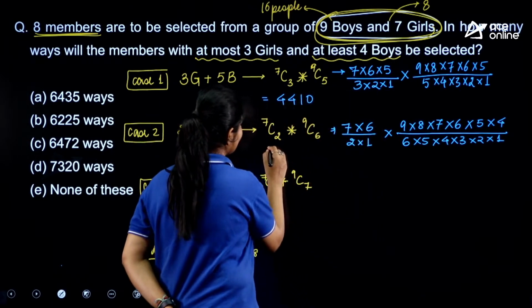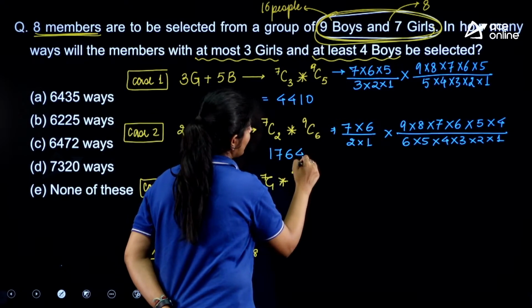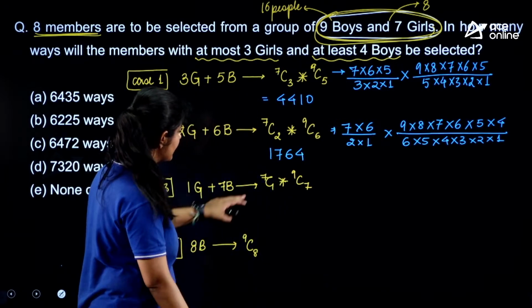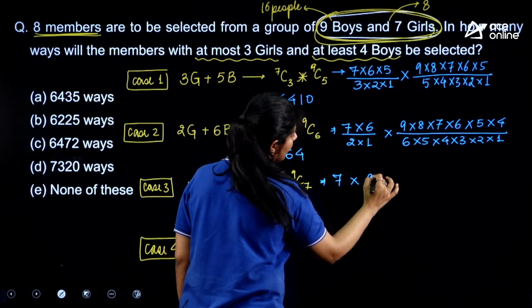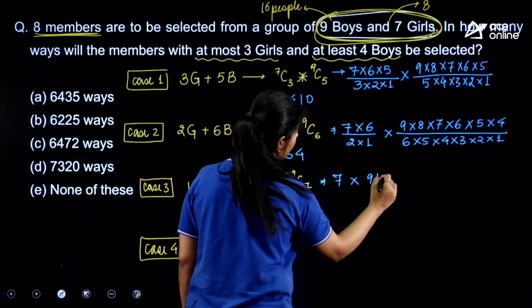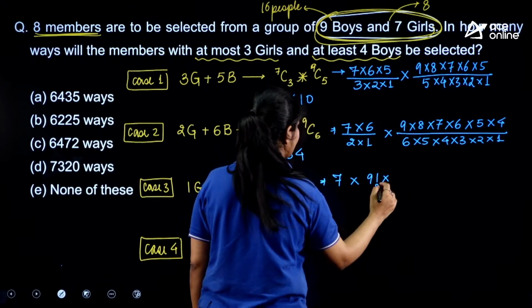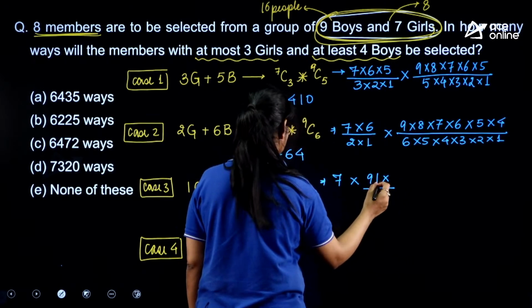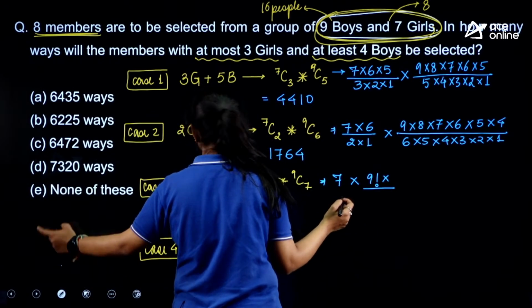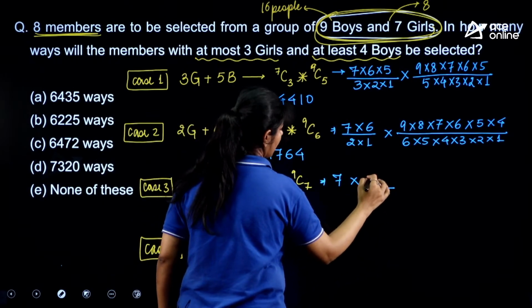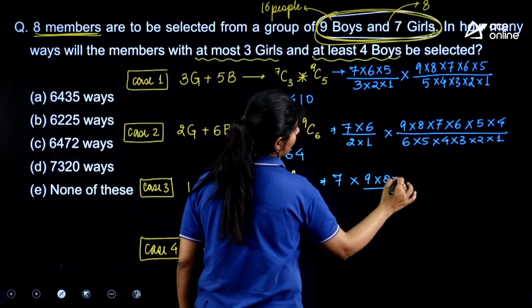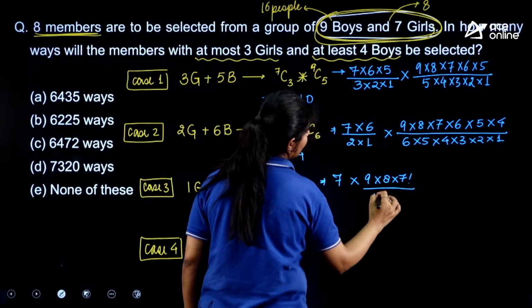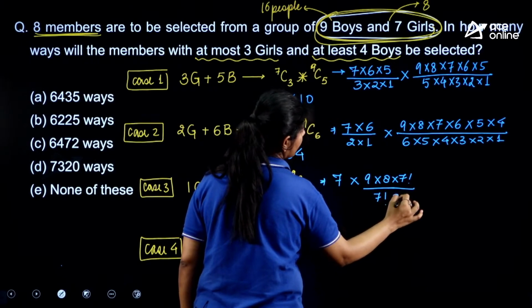When I solve this, I will get 1764 as my answer, right? This one, I can write as 7 into 9 factorial, or we can also write it as 9 multiplied by 8 into 7 factorial divided by 7 factorial into 2 factorial, right?